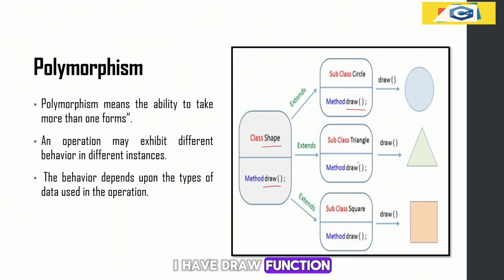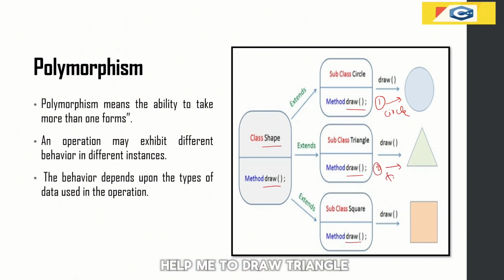I have a draw function in each and every class. So this draw function will help me to draw a circle, this draw function will help me to draw a triangle, and this draw function will help me to draw a square.